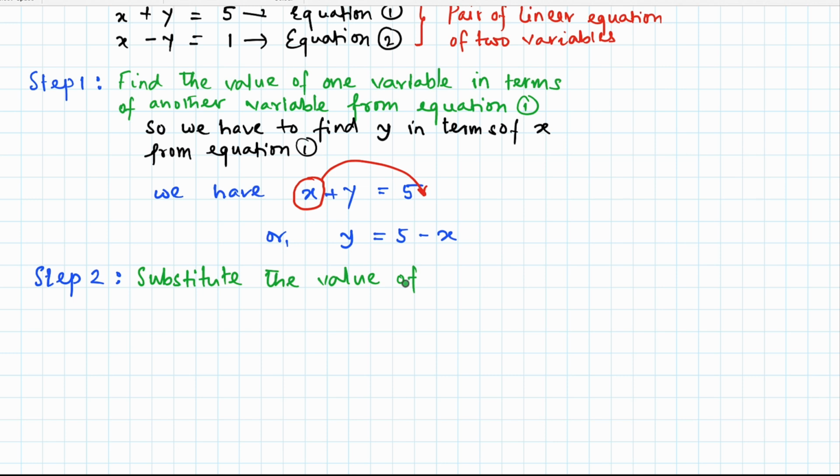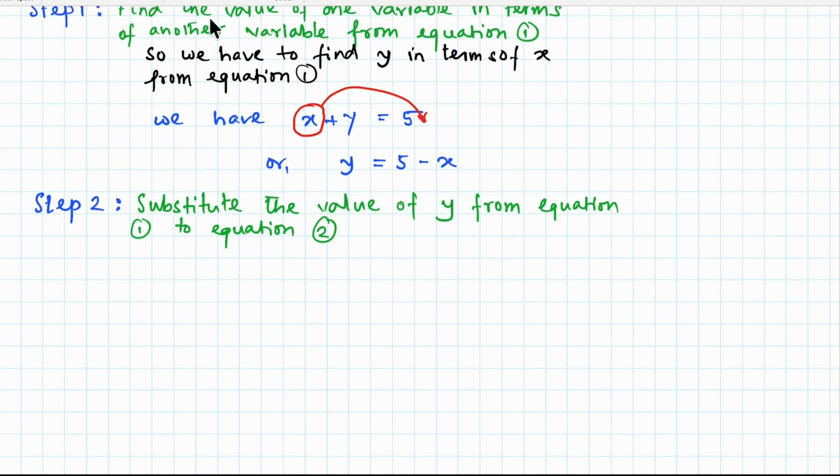Now step number 2, substitute the value of y, because we have expressed y in terms of x. So you can also do the other way around. You can also express x in terms of y and substitute the value of x. So here I'll substitute the value of y from equation 1 into equation 2. What is the second equation?